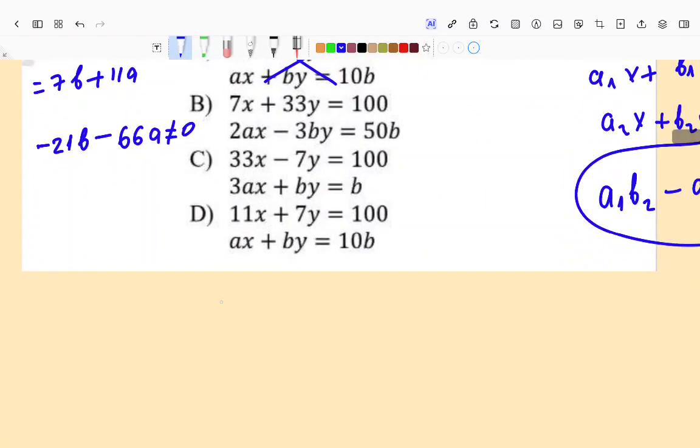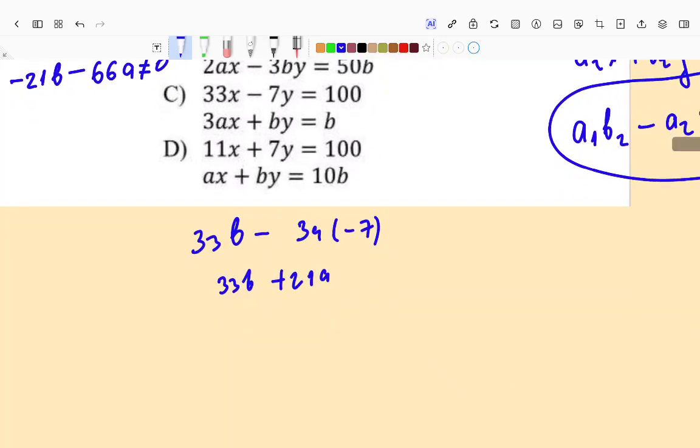And what about C? 33b minus 3a negative 7. So 33b plus 21a. If I move the 3 out, 7b plus, sorry, it's 11b, here's 11b, 7a.